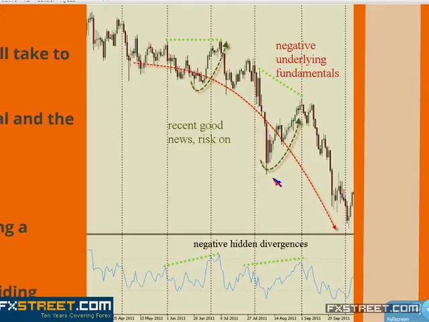Like we have now on the euro dollar, for instance: underlying fundamentals which are in fact negative, still are, but the recent rumors and facts and news are very positive. So you have this sharper reversal within a major downtrend.